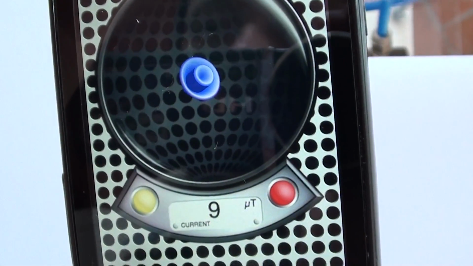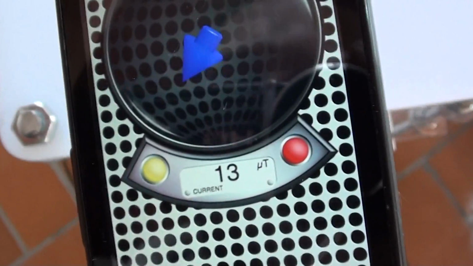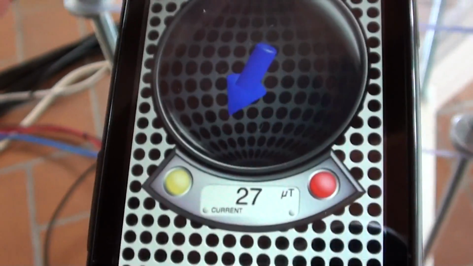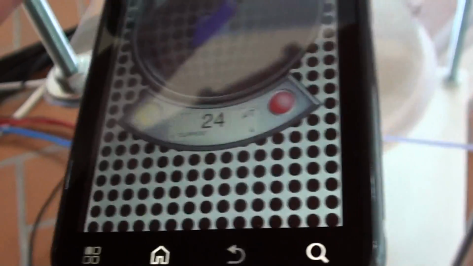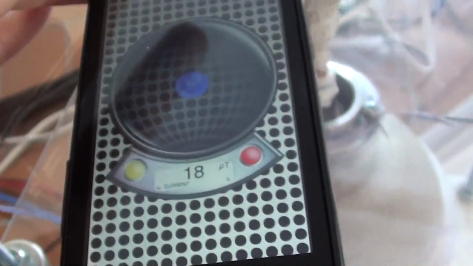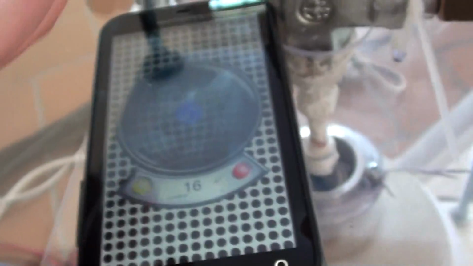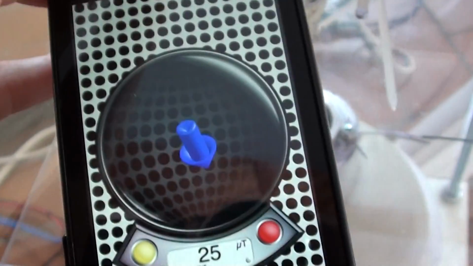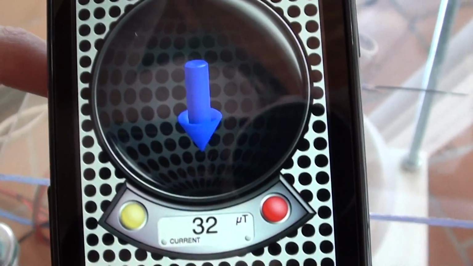Now we are at 10 microtesla. Let's go more down to see what happens.